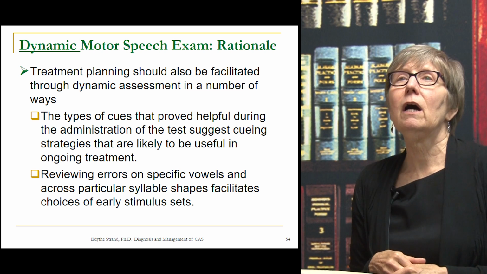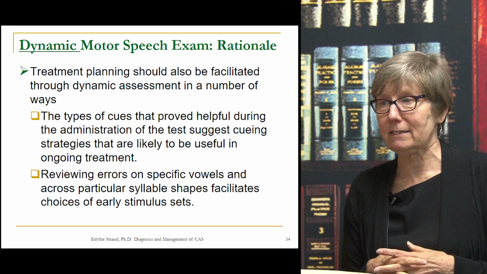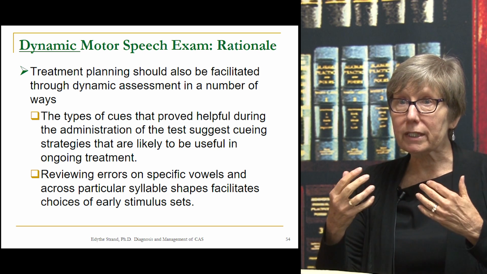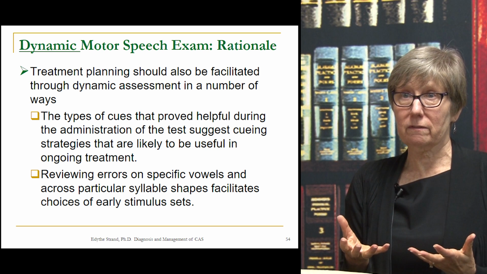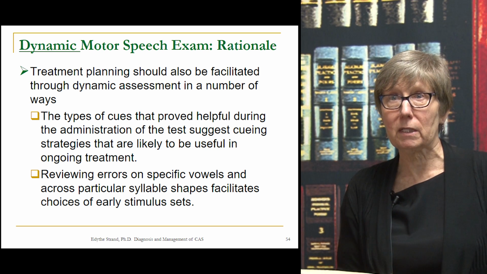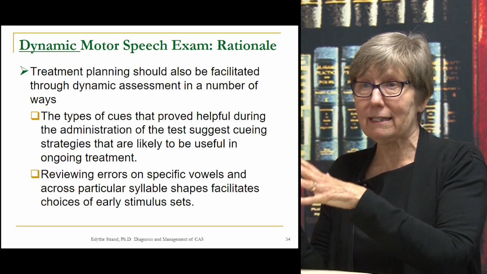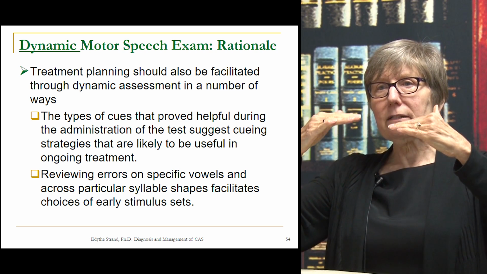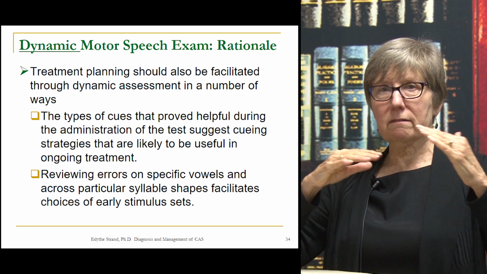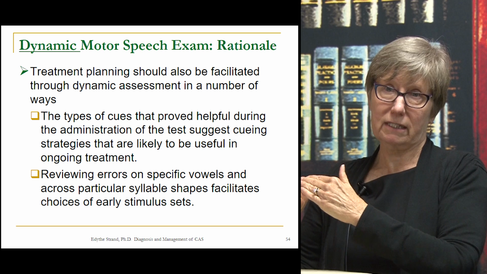We also have a lot of help with treatment planning if we use dynamic assessment. The types of cueing that proved helpful in the dynamic assessment are identified, and therefore you can start implementing them right away in treatment. But also looking at the responses across utterances helps you with your initial stimulus selection.